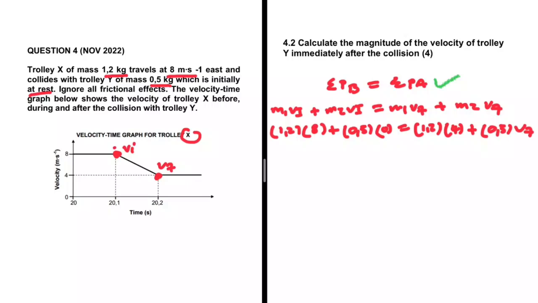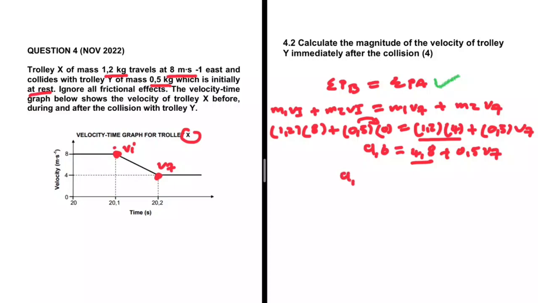So what is 1.2 multiplied by 8? We have 9.6 being equal to 1.2 multiplied by 4, because 0.5 multiplied by 0 will give us 0. Now 1.2 multiplied by 4 gives us 4.8 plus 0.5 VF. So we have to take 4.8 to the left-hand side.